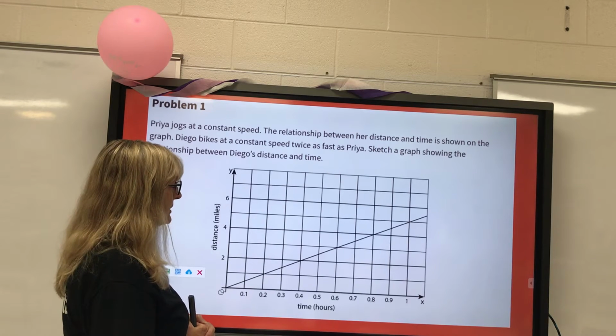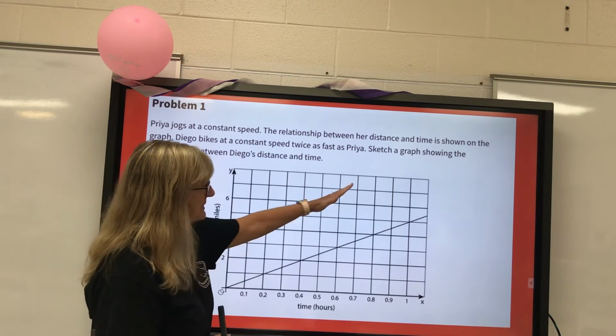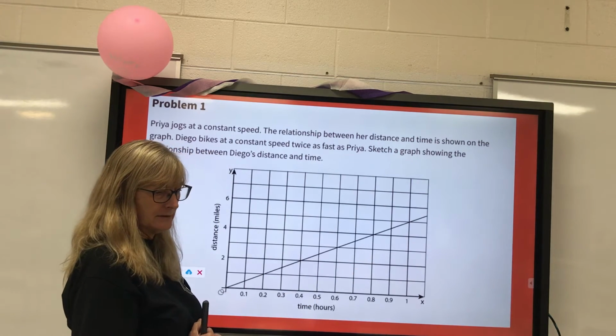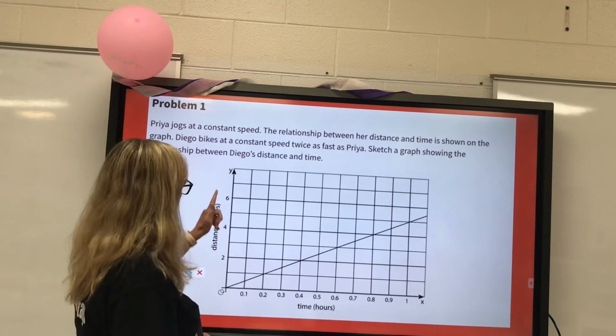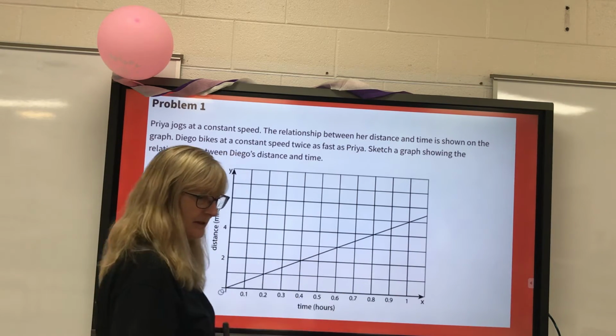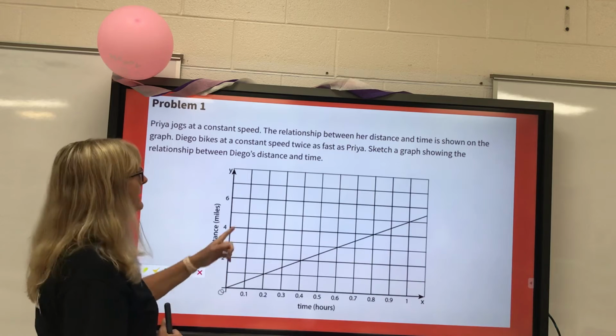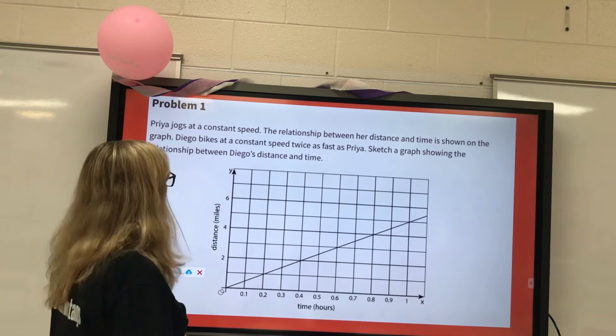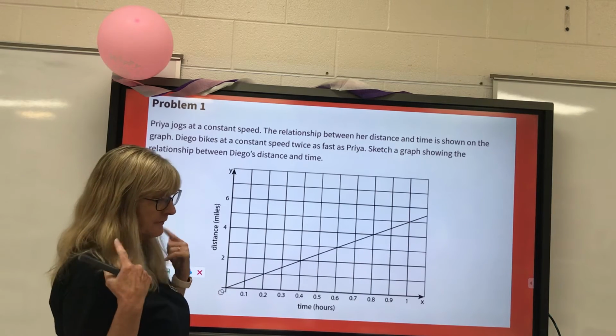Okay, so Diego's going faster. Is it going to be above Priya or below Priya? Above. We have distance over here and time down here. It's going to be above, okay? All right, so I just wanted you to visualize that.